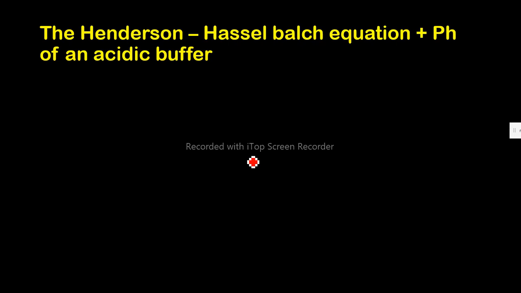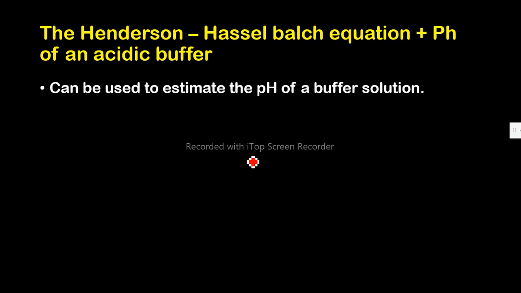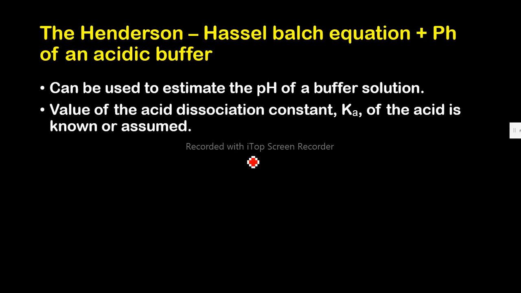They sat down and did some good work, and they came up with an equation which we shall use to determine the pH of both an acidic buffer and the basic buffer. We can use it to estimate the pH of a buffer solution, and we should be able to derive that equation.